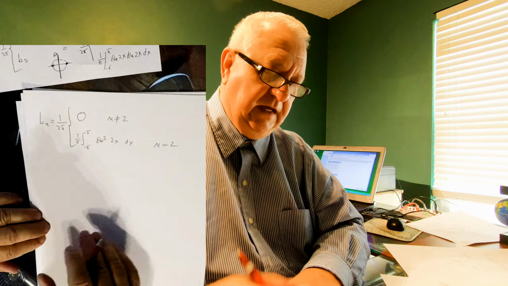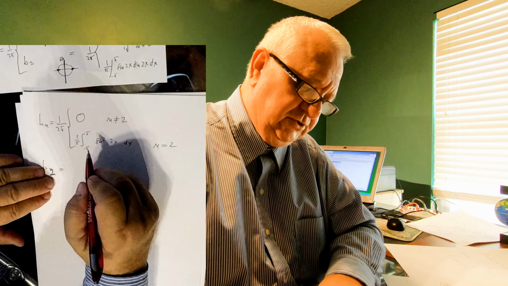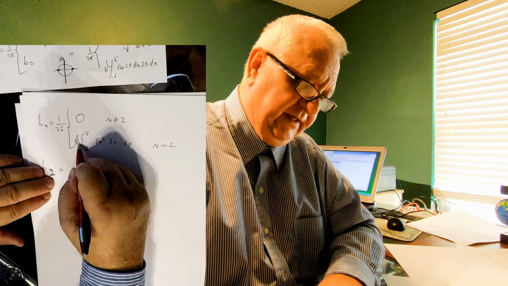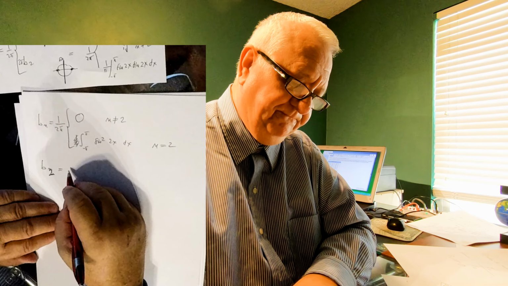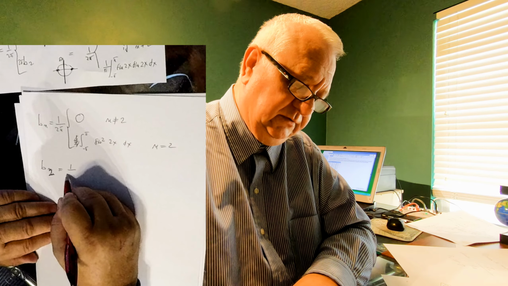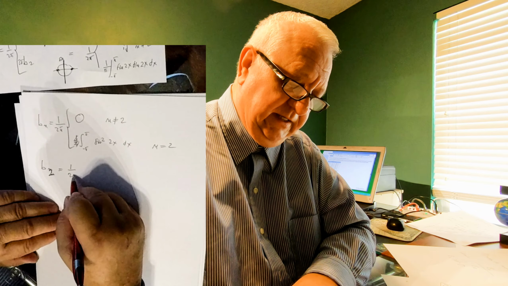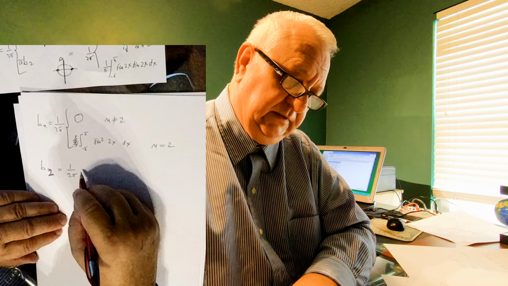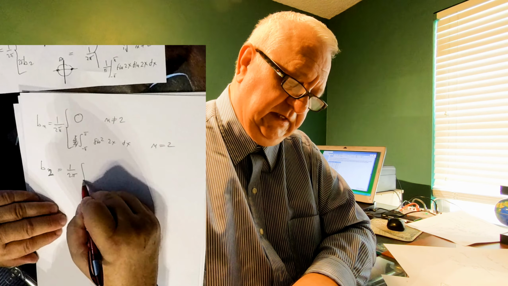Just b2 is important. And actually I took into account here 1 over pi, so I'm going to correct this to 2 pi here. So it's going to be 1 over 2 pi integral from minus pi to pi of sine squared.